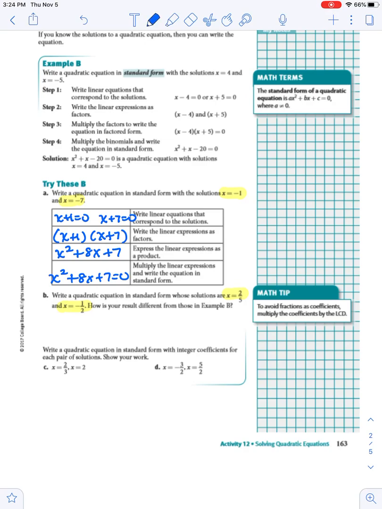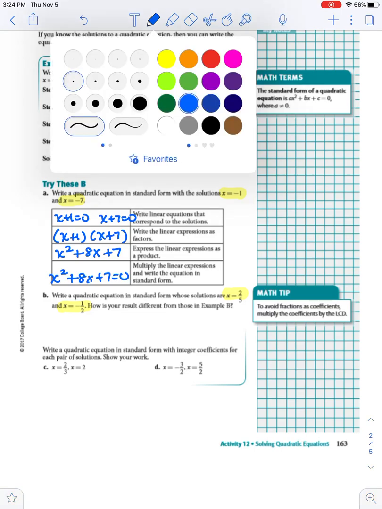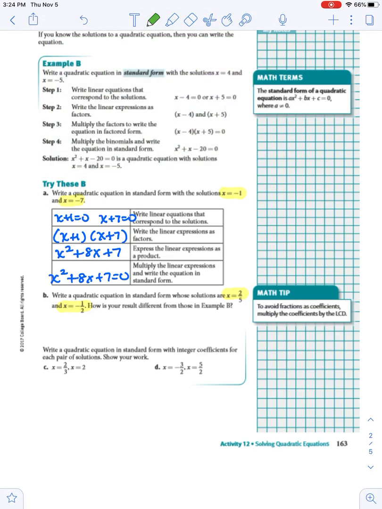We can still write our factors as we did before: x minus 2/5 times x plus 1/2. When we do our FOIL, we get a little bit of a messy answer, but we can work through that. X squared, and then we get plus 1/2 x, and minus 2/5 x, and then minus 2/10.